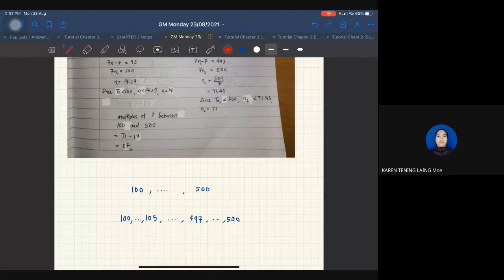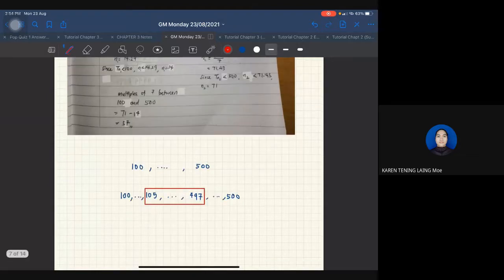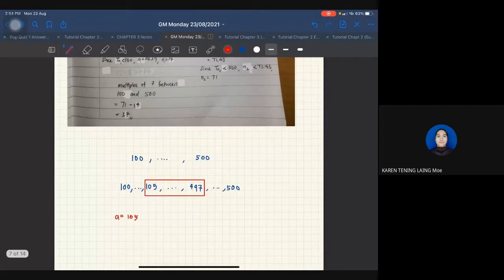So our focus is on what is in the box. Our A is 105, and 497 is our last term.